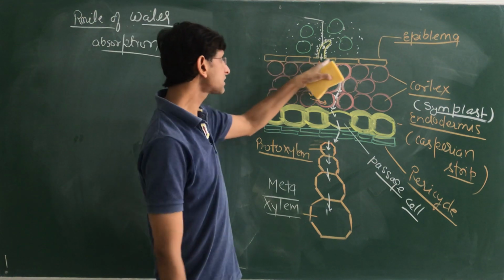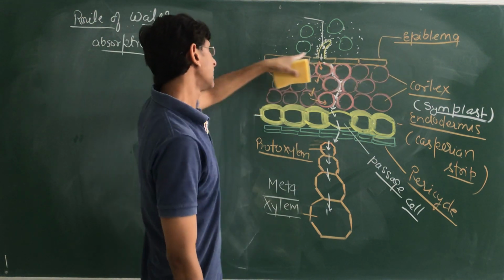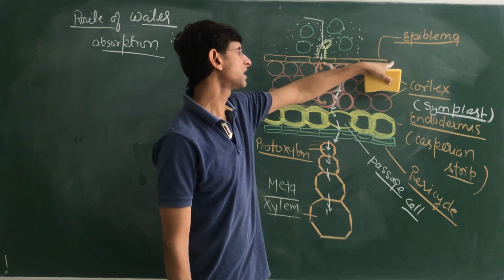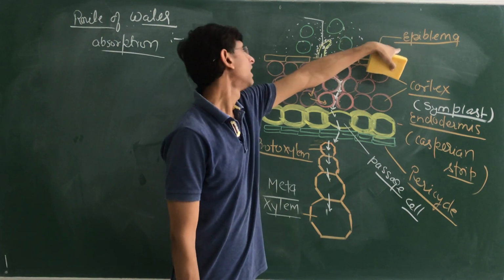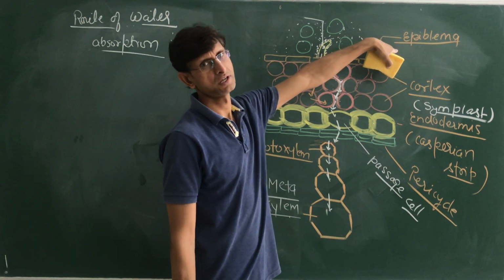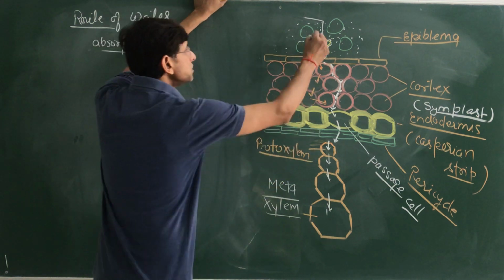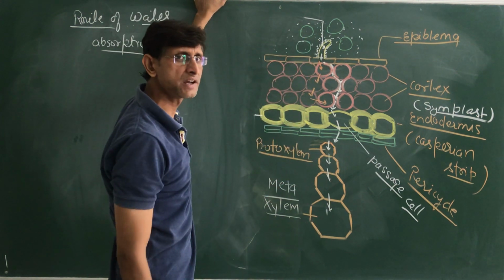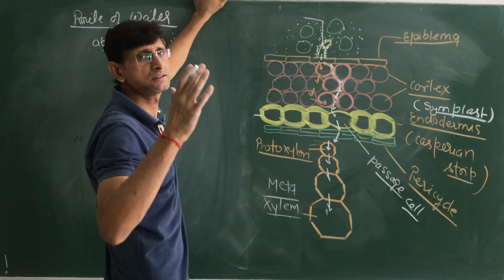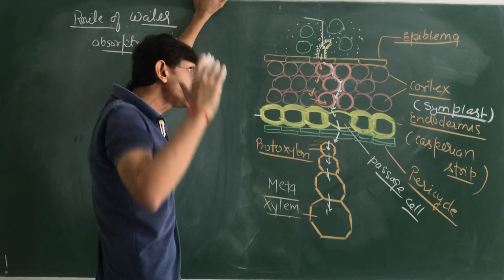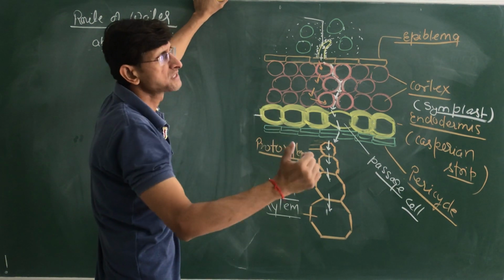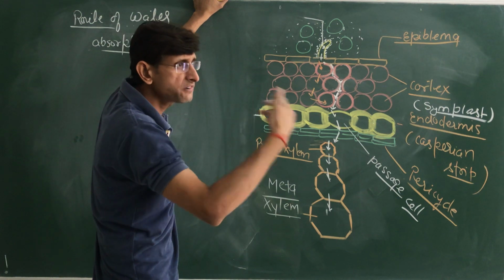The outermost layer of root is the single cell layer epidermis, also known as epiblema, also known as rhizodermis. On this epidermis, unicellular root hairs are present, and we know very well that the root hairs come in contact with water at first.